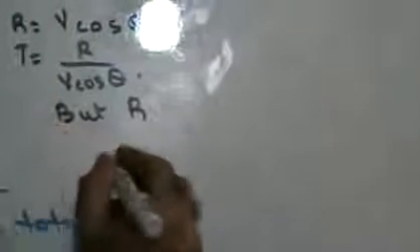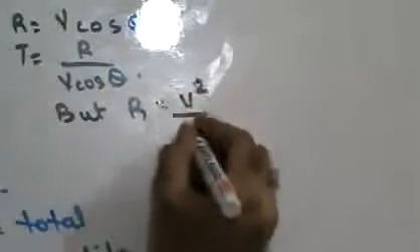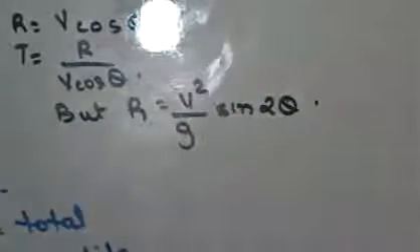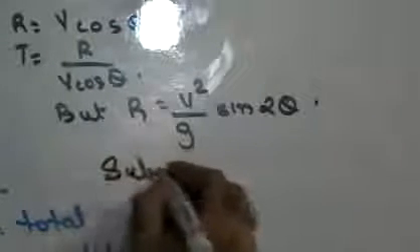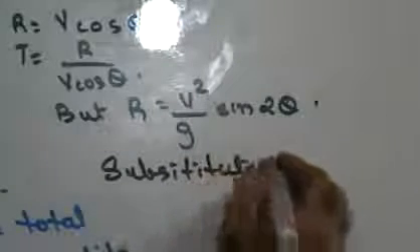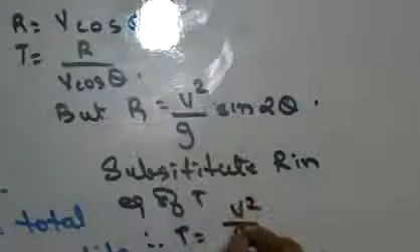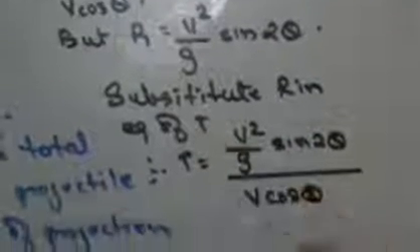Now, we had found out that the range of a projectile is given by the formula v square upon g into sin 2 theta, right? Substitute this value of R in the equation of T. So I'll get time of flight is nothing but v square by g sin 2 theta upon v cos theta.